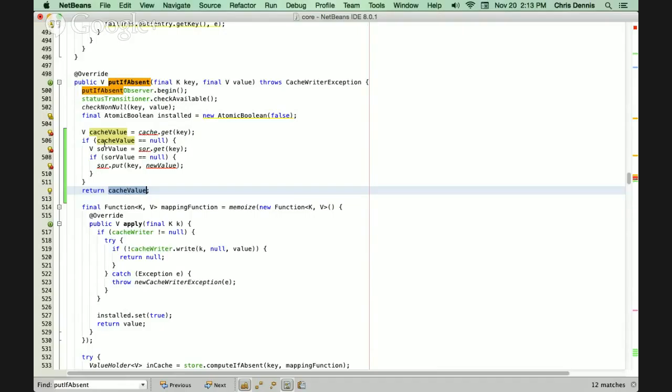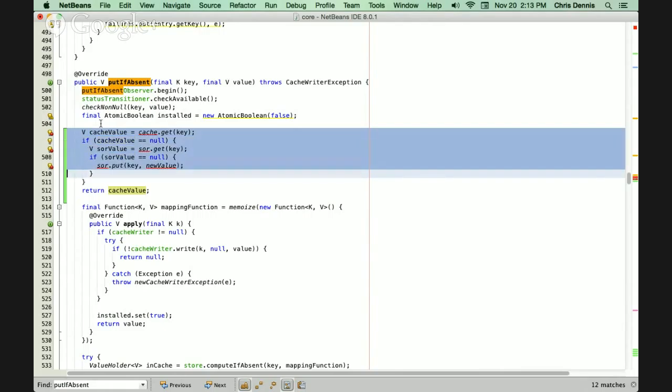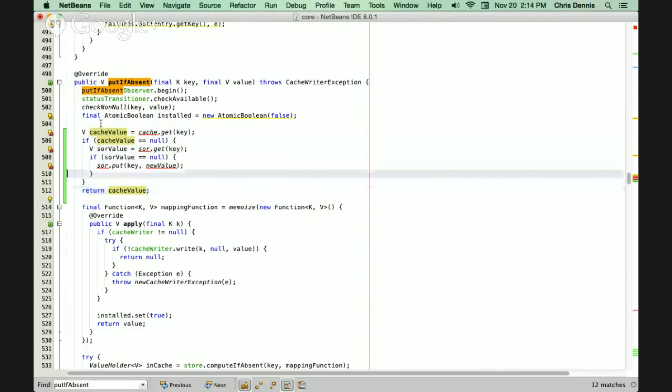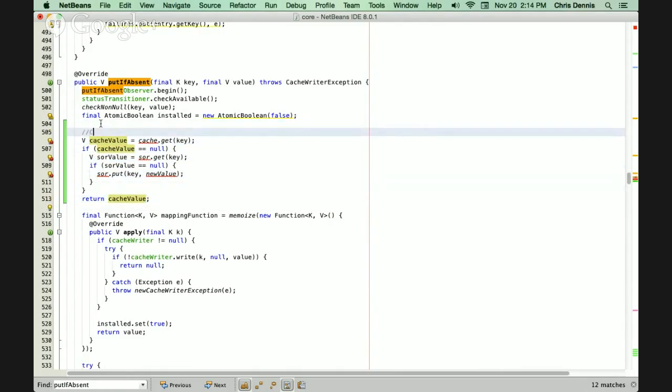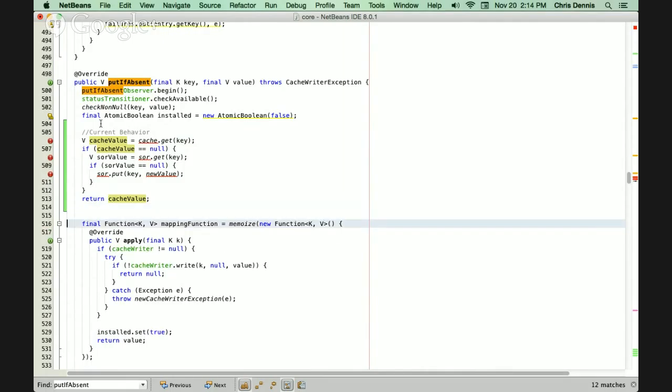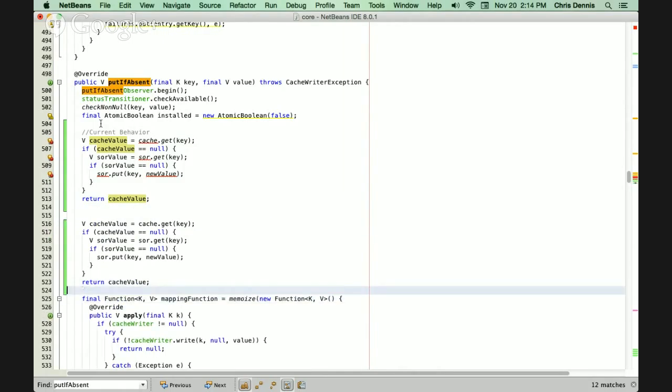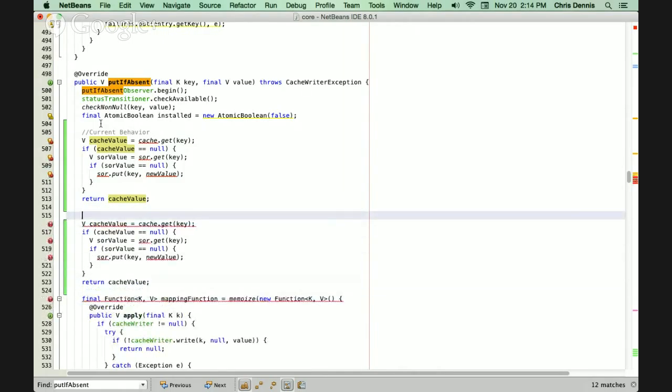From my point of view, I'll make a strong assertion that this is our current behavior as of the head of where we are. We're missing one thing there. I think the cache itself gets updated as well. You're missing a put.